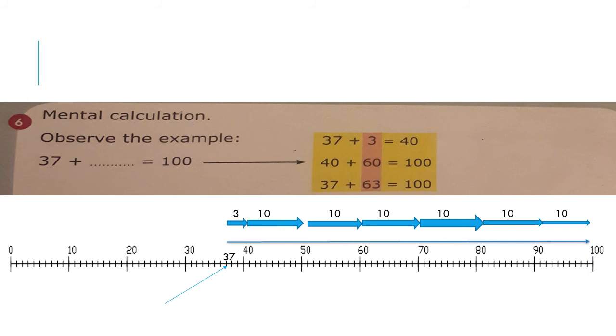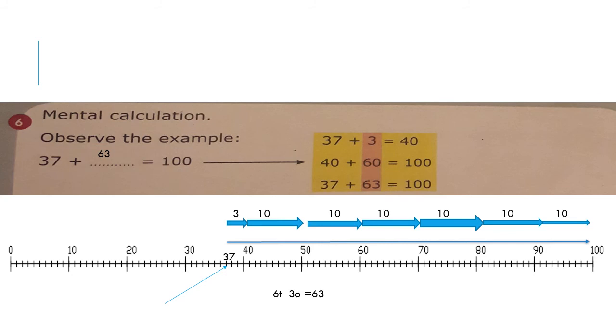So in total, from 37 to 100, I have 6 tens and 3 ones. So it's 63. Okay, that's what they did. Look at them. 37 in yellow, this box in yellow. 37 plus 3 equals 40, and 40 plus 60 equals 100 in general. In total, from 37 to 100, I have 60 plus 3, 63.